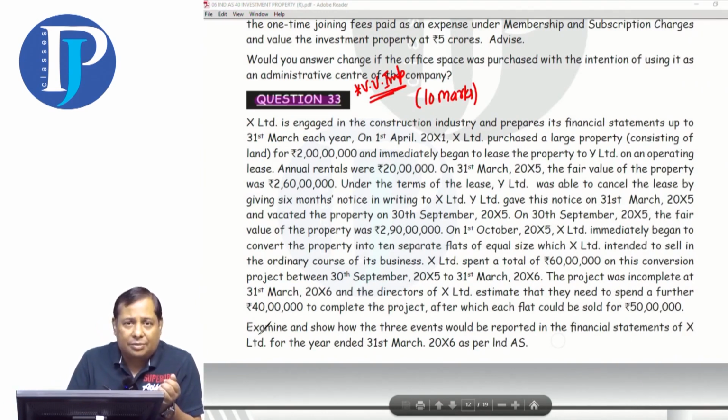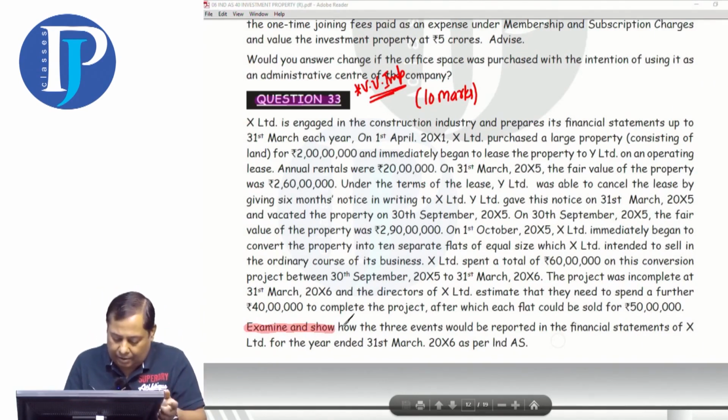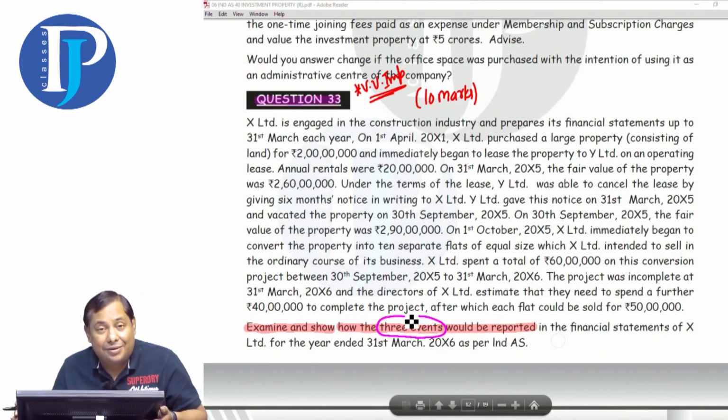In this last line, the question says, examine and show. As in, you examine the case study and tell how the 3 events would be reported. How many events are we talking about? 3 events. There are 3 events in this question, okay?